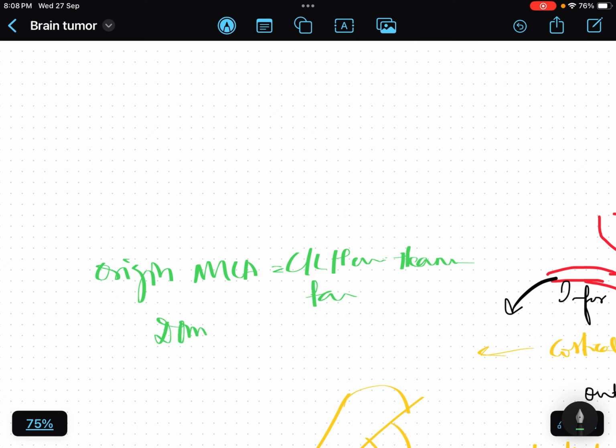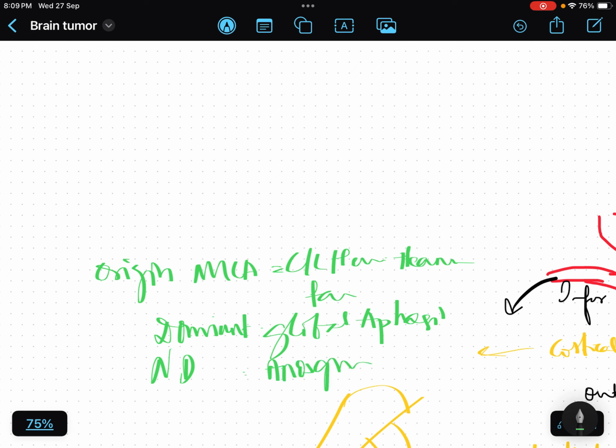If it involves the dominant hemisphere, you will also have global aphasia. If it is non-dominant, you will have hemineglect, that is, half of the picture or object will be neglected. Then with partial occlusion, only a single branch is involved, and either hand or arm weakness can be seen.